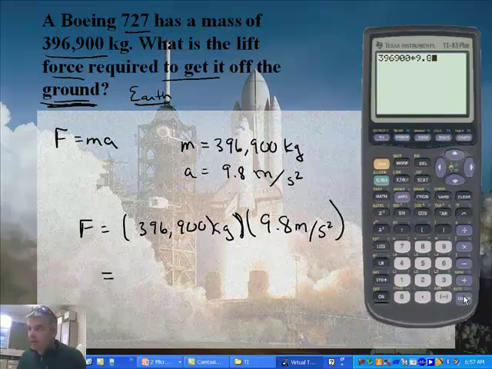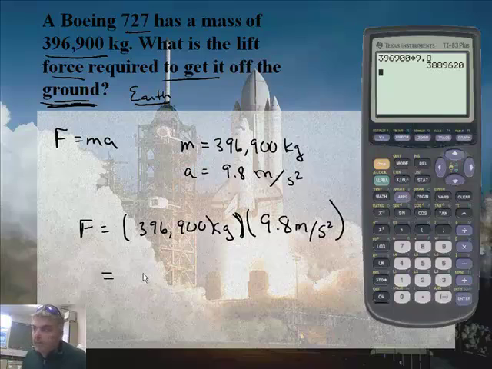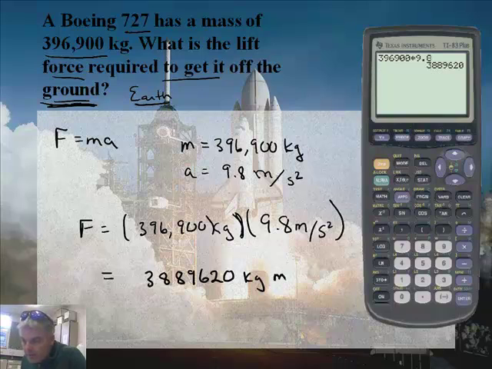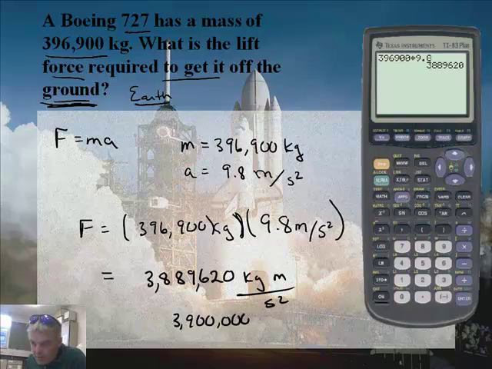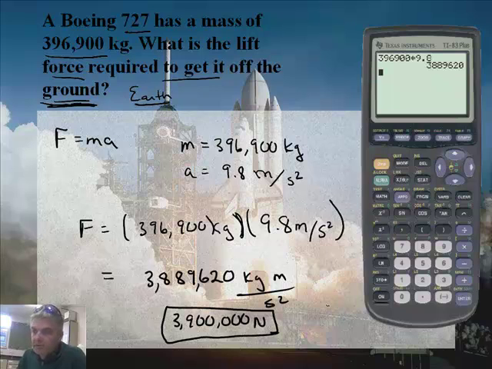Just put that on my calculator, and I get a big old honking number: 3,889,620, and that is in kilograms meter per second squared. Now we could probably round that out. That is like 3 million. Let's just call that 3,900,000. We'll just kind of round, and that would be newtons. So that would be the answer to this problem. That's not terribly difficult, is it?